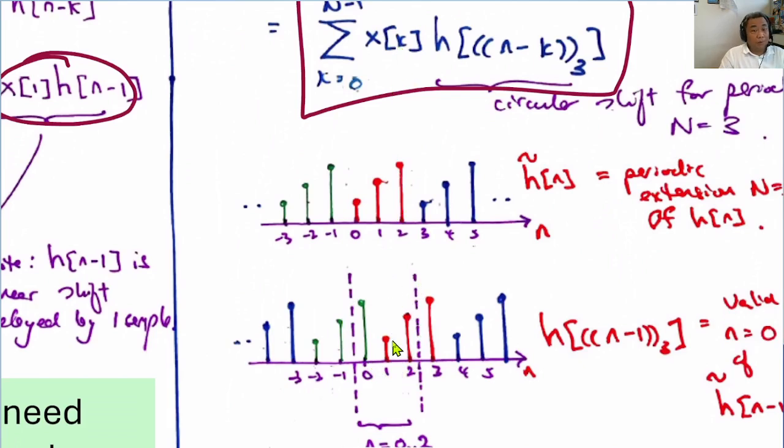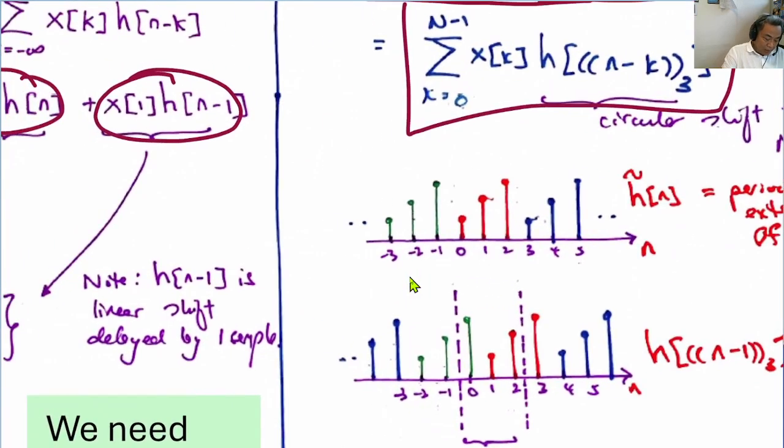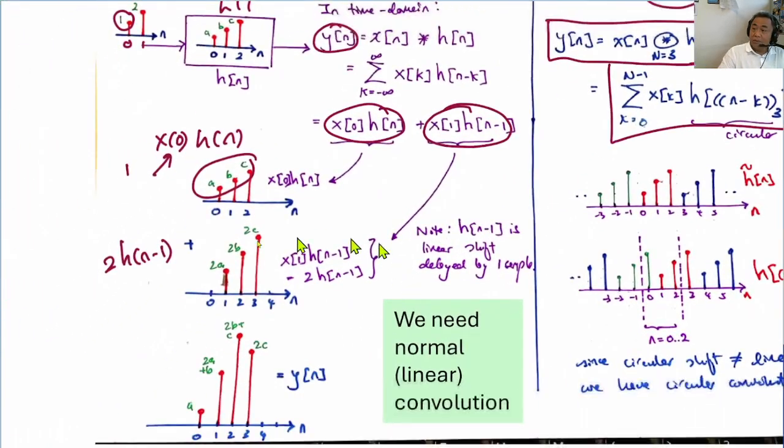This is where the problem occurs, because there are samples before time 0 getting shifted in. You look at the linear convolution. When we are delaying by h of n minus 1, 0 is being shifted in. Now we have the green period prior to the red period being shifted in.